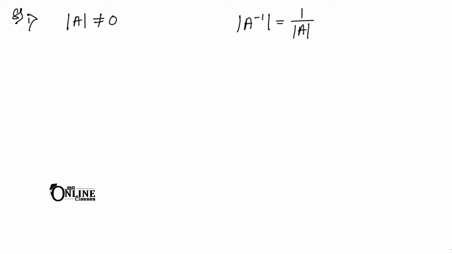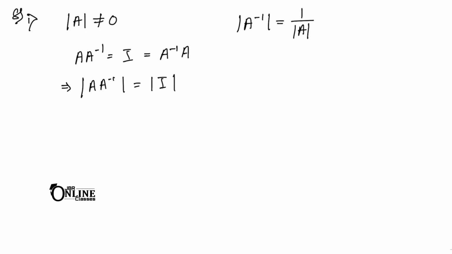So now you know that A inverse A equals I, and that equals A A inverse. Now if you want to take det on both sides, so it will be det of A inverse A, and here it will be also det of I. Okay.